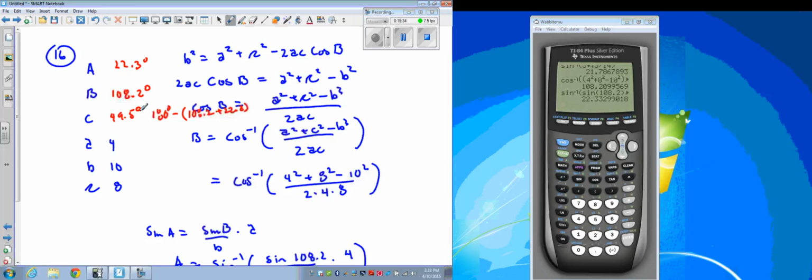Okay, so the point that we've learned is what? When you have side angle side, you have to calculate what first of all? The third side, right? Then you have to do the smaller angle by law of sines. When you have side, side, side, you have to calculate the larger angle using the law of cosines.